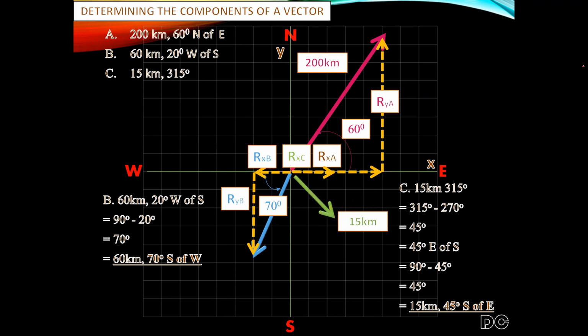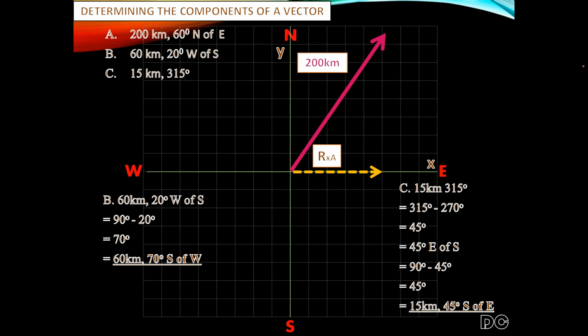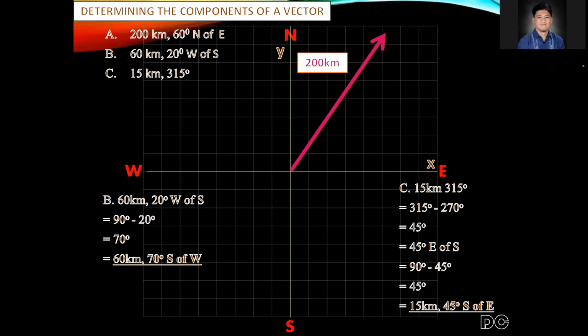For the 200 kilometer, if this is the 200 kilometer vector, this is the x component, the r sub xa, and the y component, which is the r sub ya. The angular direction is 60 degree north of east.